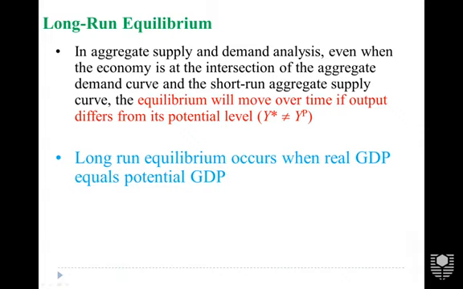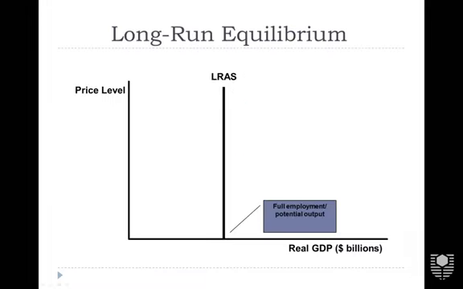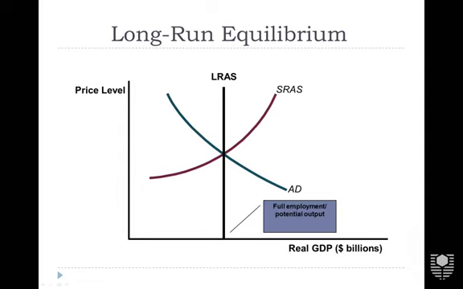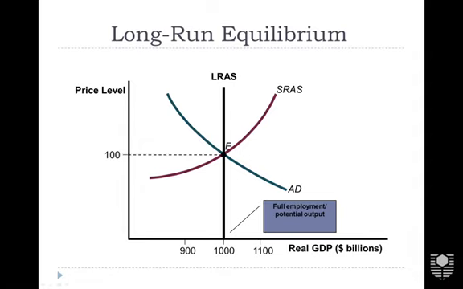And this is the point where the real GDP, the GDP level that we are producing in the economy, is equal to the maximum possible GDP that we could produce, or is equal to the potential GDP in the economy. So this is the long run aggregate supply curve. The point where the 3 curves intersect would be the point of equilibrium. And because this is a long run equilibrium point, definitely this is the full employment or potential output level equilibrium.